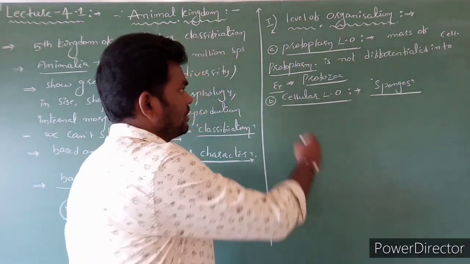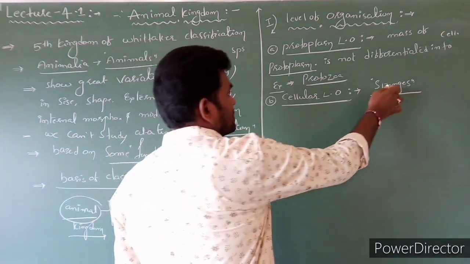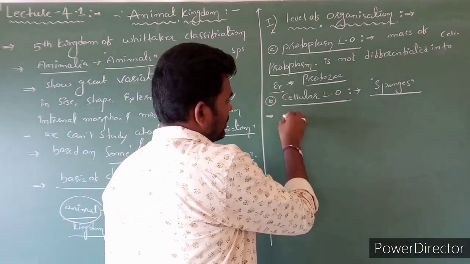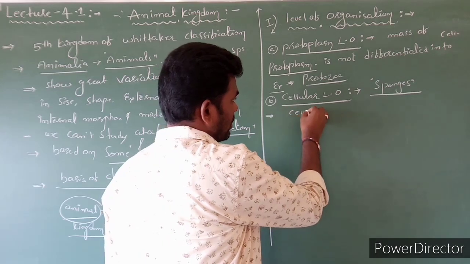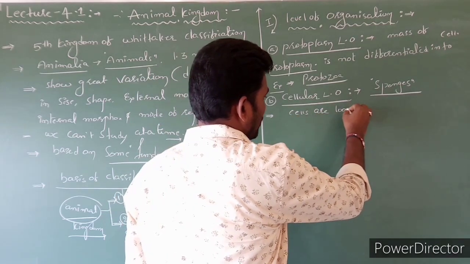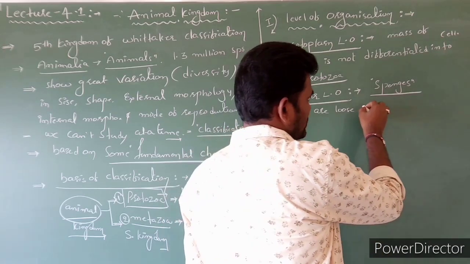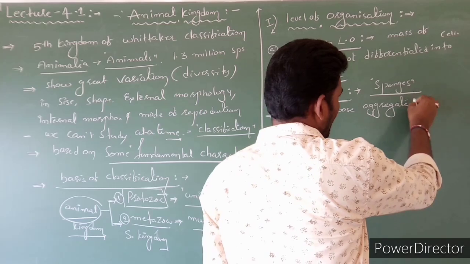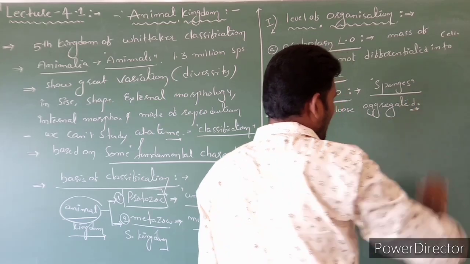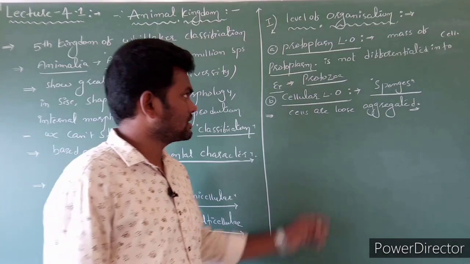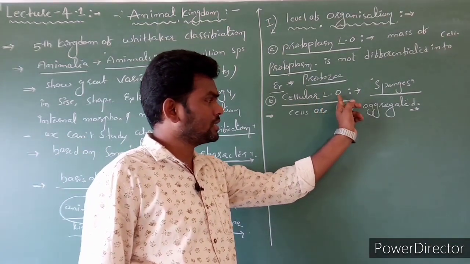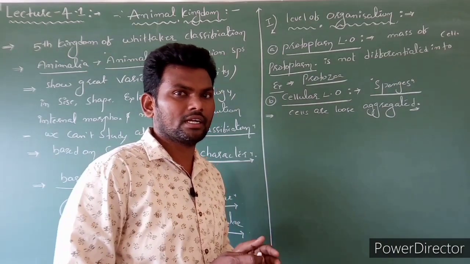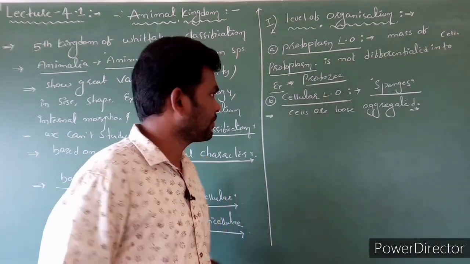Clear? In sponges, the cells are loosely aggregated. Such a type of body we can notice. So that is the example for cellular level of organization: loose cells aggregated to form one animal.